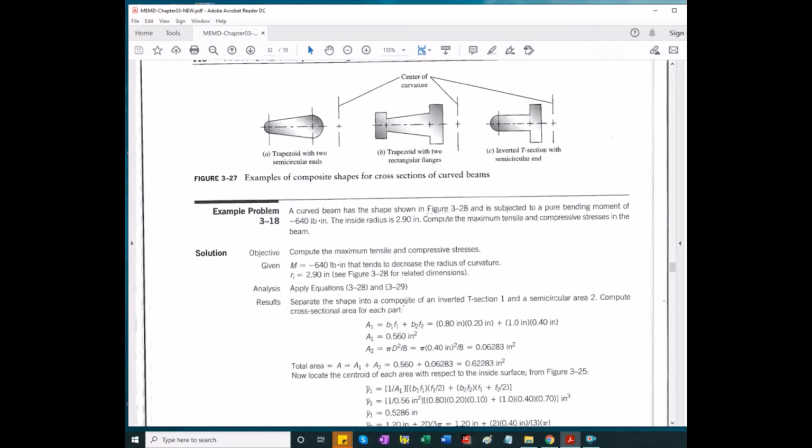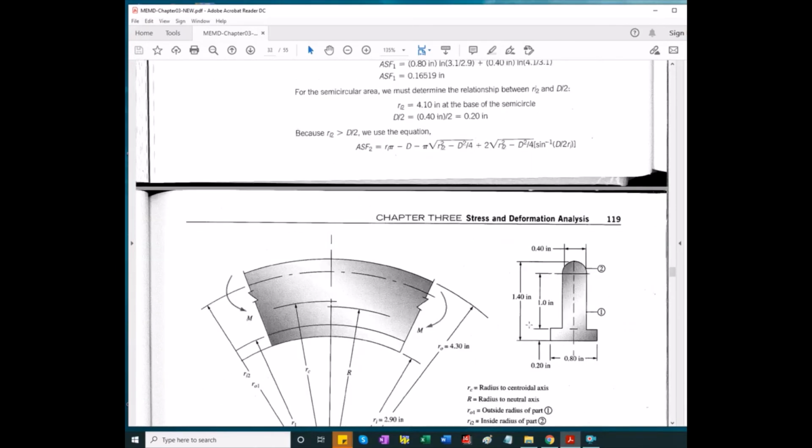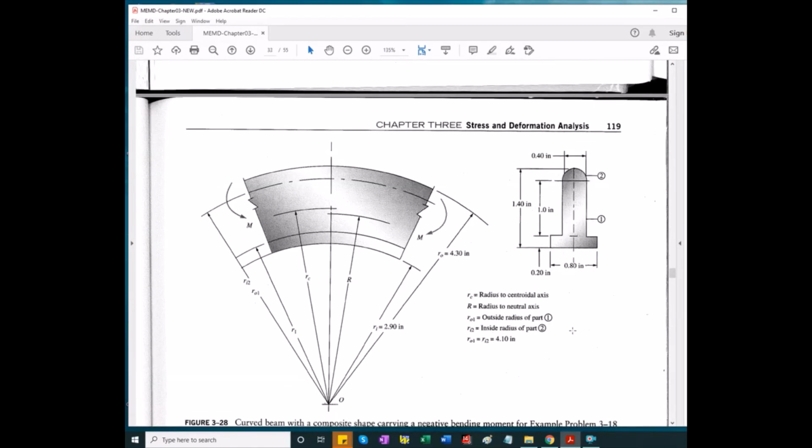So not very complicated. Again, the difficulty may be in calculating the moment the correct way, and also in observing its sign, whether it's positive or negative. As shown here, this is a negative moment because it tends to further increase the radius of curvature of the beam.